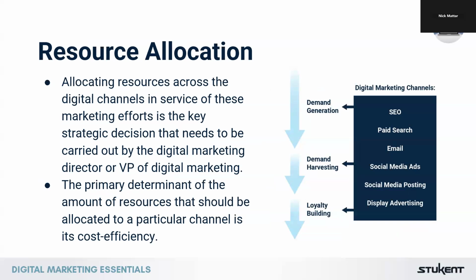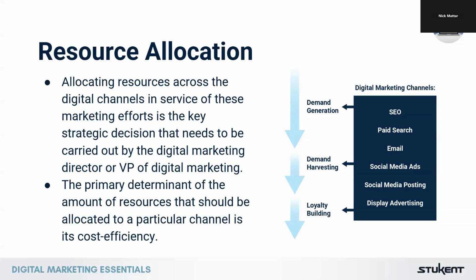Now, this comes back to resource allocation. When I think of actually looking at the digital marketing channels, you want to look at the broader strategy. Not every company is going to engage in all six of these digital marketing channels that you see on the right side.